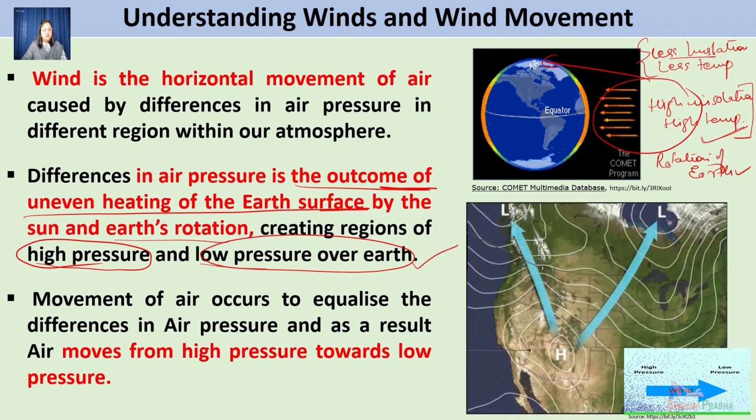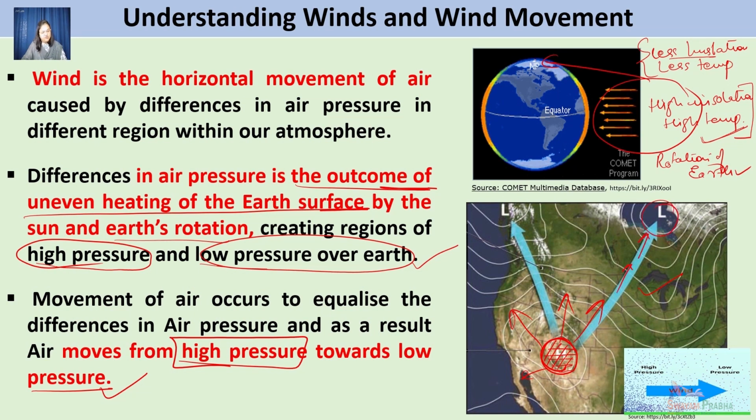So gas molecules in high pressure zones tend to spread out towards the low pressure zone, resulting in the movement of air from high pressure areas towards the low pressure areas. Therefore, the movement of air is always from high pressure areas towards the low pressure areas. As you can see in this diagram also, in the high pressure areas the molecules of air are compacted together, which tends to spread out near the Earth's surface and move towards the low pressure regions.